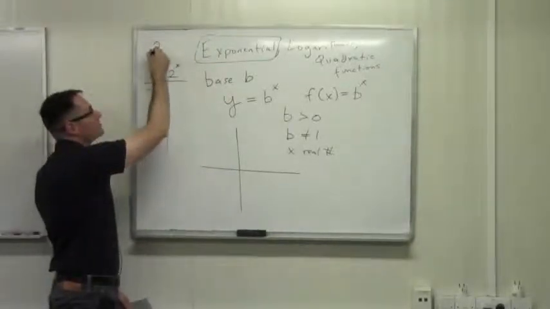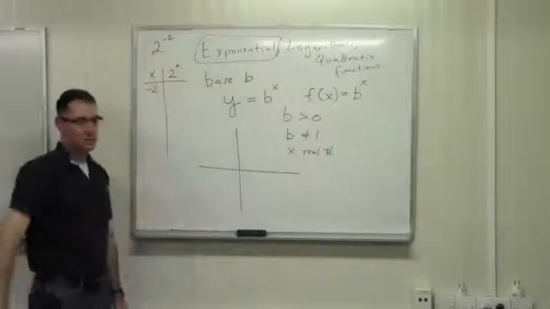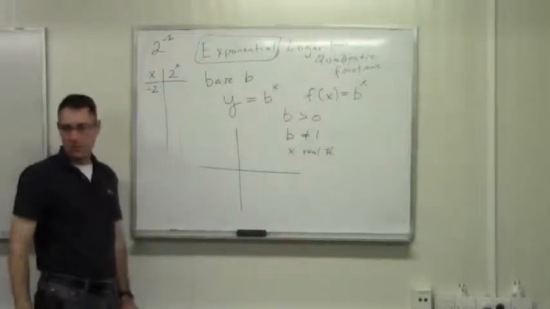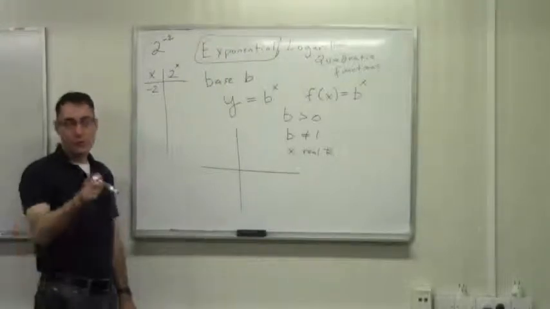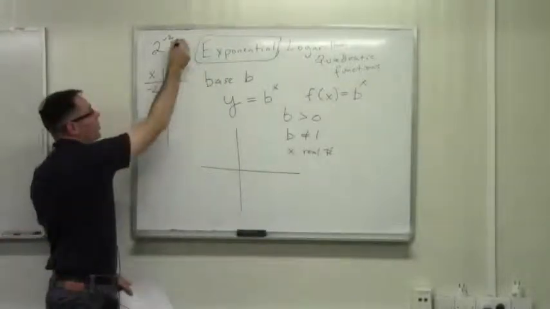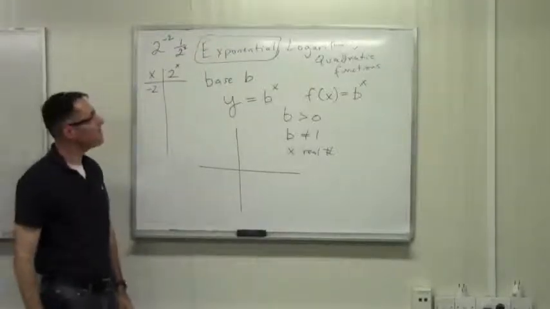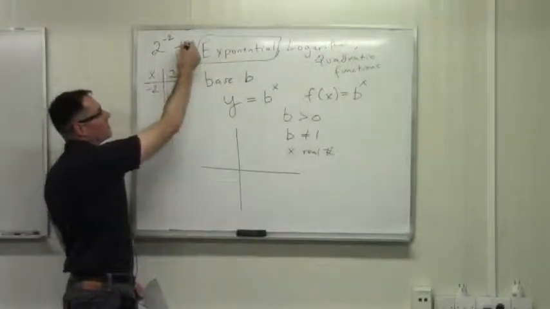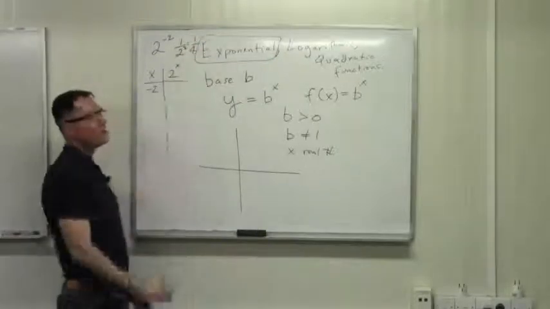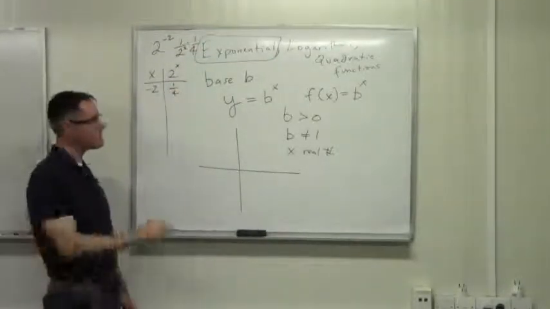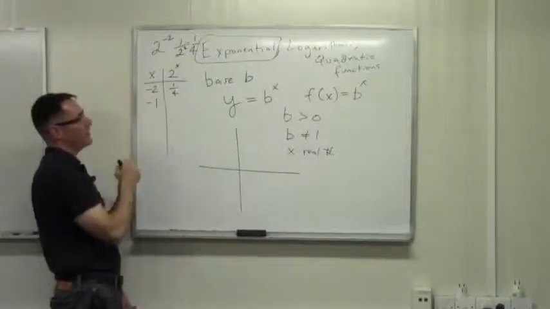So 2 to the -2: what does that mean if we were to write it in fraction form? Anybody remember? 1 over 2 squared. 1 over 2 squared is the same as 1 over 4. And we're just going to write 1/4 there. Okay? Let's go -1.